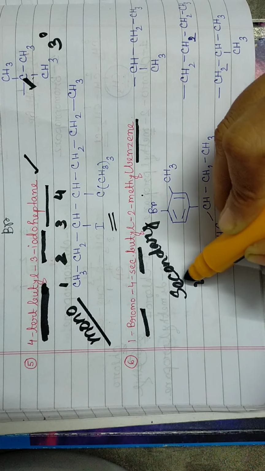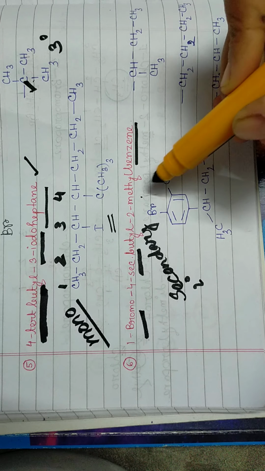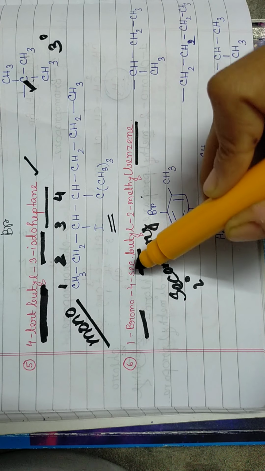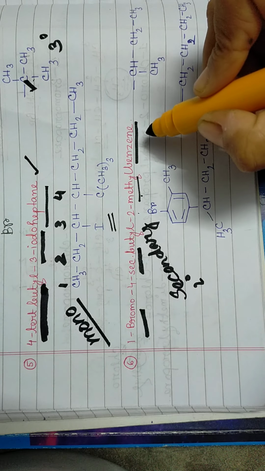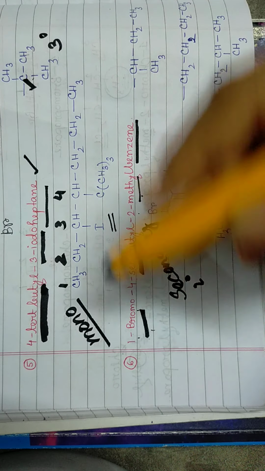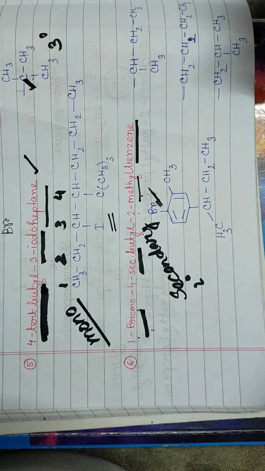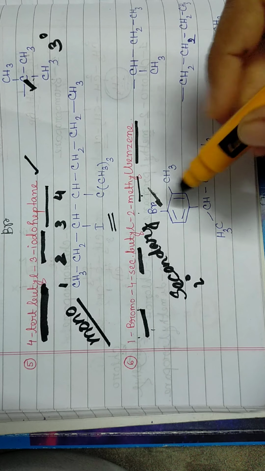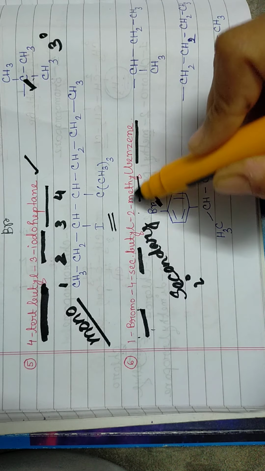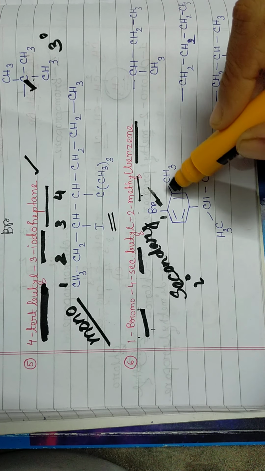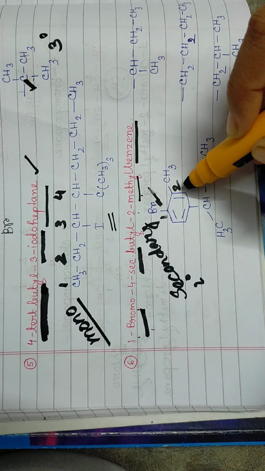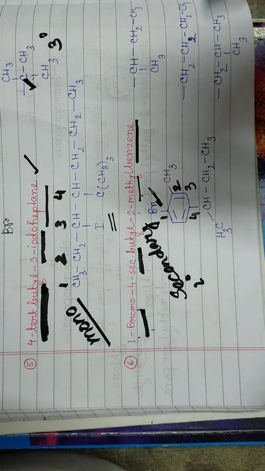So in the 4th position there is the sec-butyl group, and in the 2 position there will be a methyl group. Since there is bromine in the 1 position, we have written it here. If this is 1, then obviously this will be 2, so in 2 there is the methyl group, and this will be 3 and this will be 4.